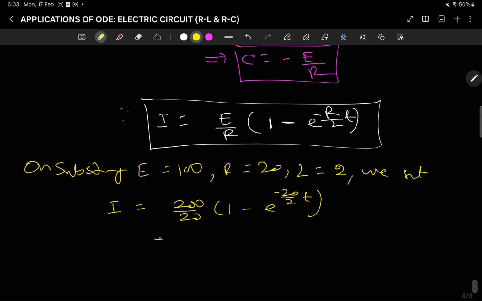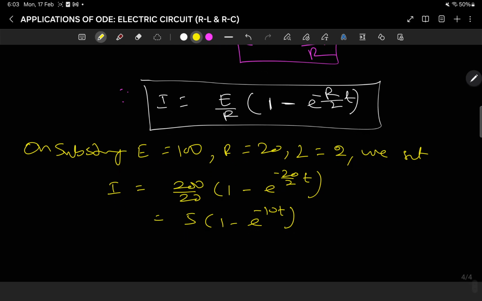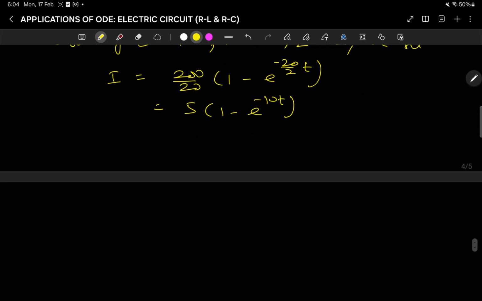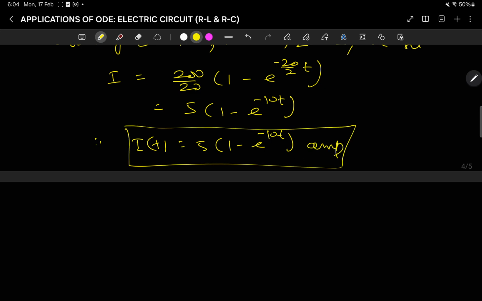So this is equal to 5 into 1 minus e to the power minus 10 t. Therefore I(t) is equal to 5 into 1 minus e to the power minus 10 t ampere. Okay, so this is the general solution.